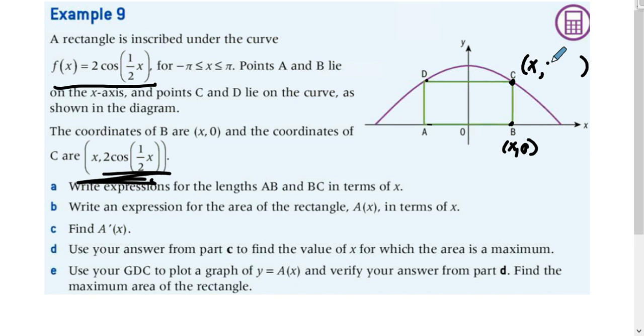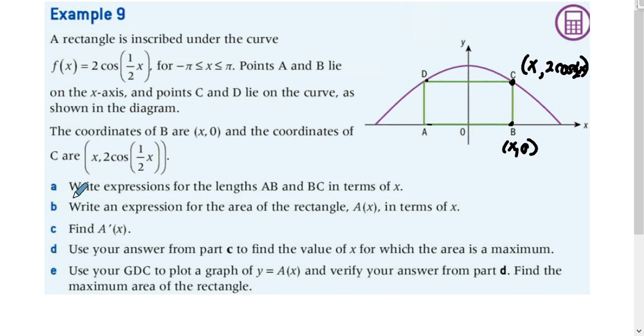My y value, therefore, is 2 cosine of 1/2 x, which is what they told you here. So keep that in mind, as a lot of times they won't actually tell you this. You should know it because your input was X. Even if my input was 2X, then I should just put a 2X in place of this X. Which would then make this X. It would simplify a little bit. But they shouldn't have to give you this coordinate point. You should know that.